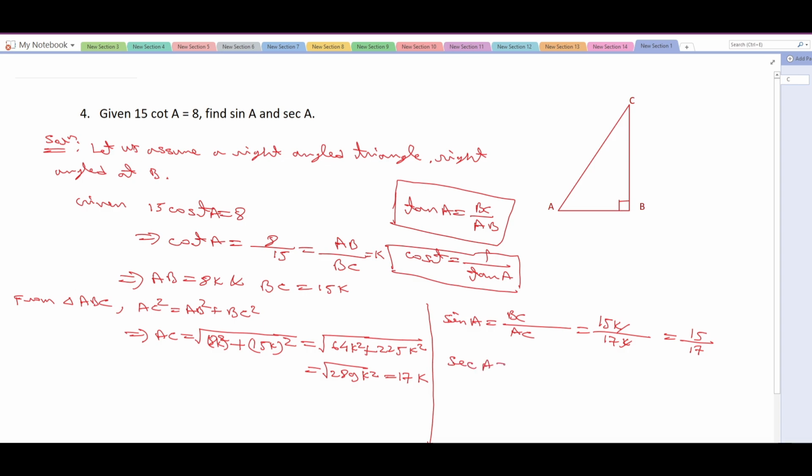And sec A equal to 1 by cos A, where cos A equal to AB by AC, where AB equal to 8K and AC equal to 17K.